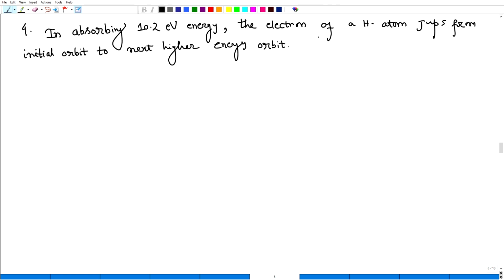Okay, as the electron returns to the former orbit, a photon is emitted.